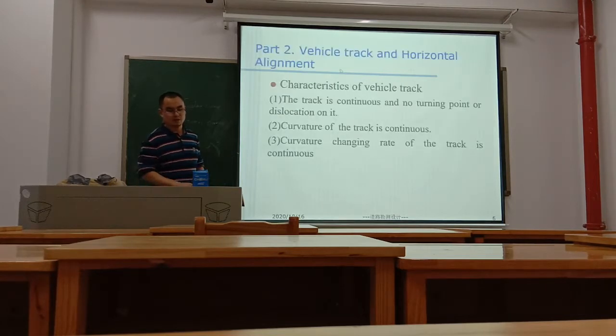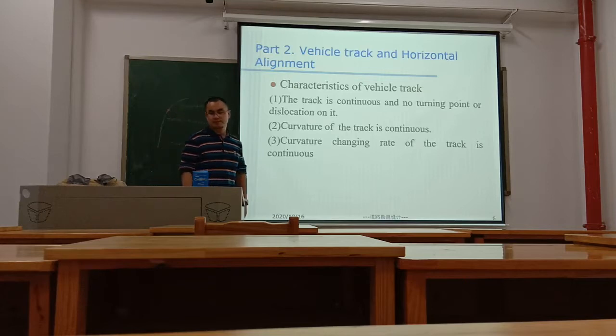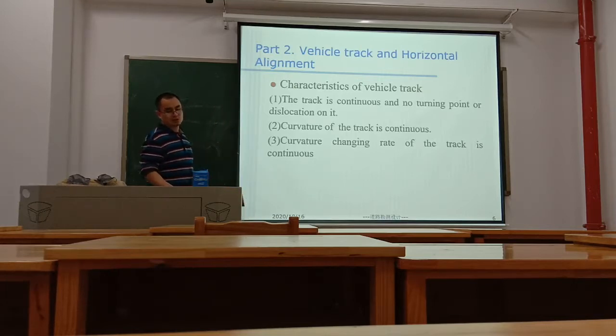Part 2. Vehicle track and horizontal alignment. The vehicle track has three characteristics.